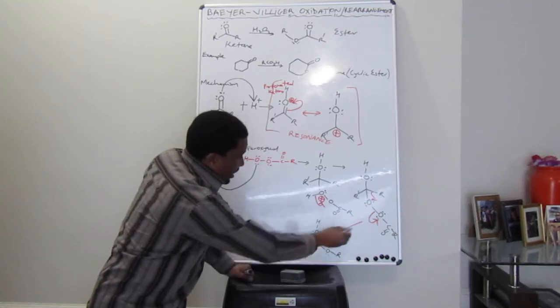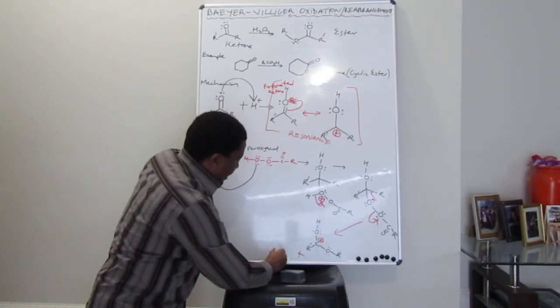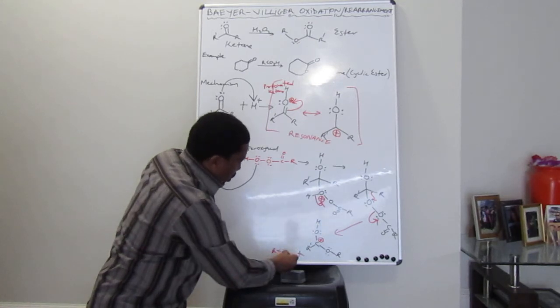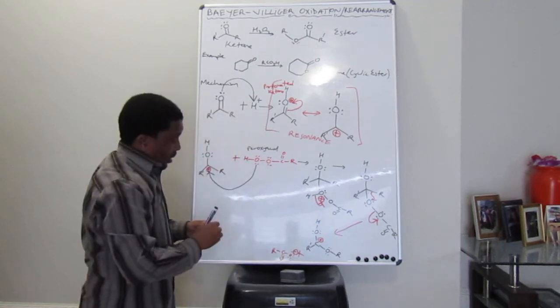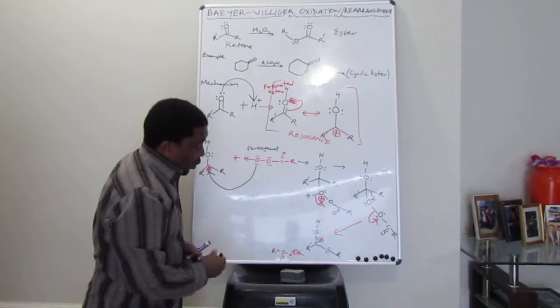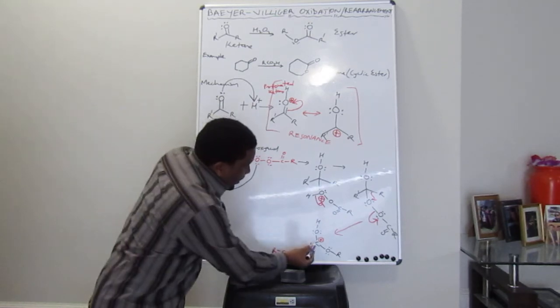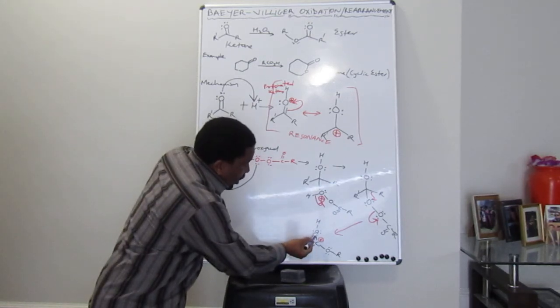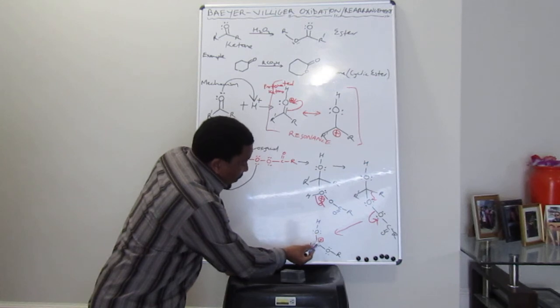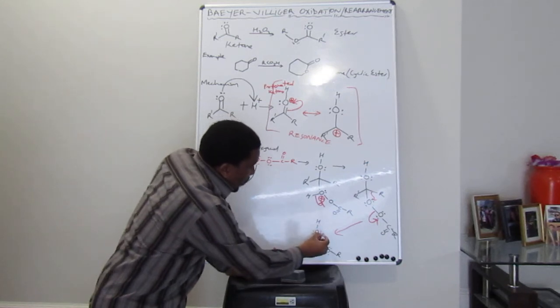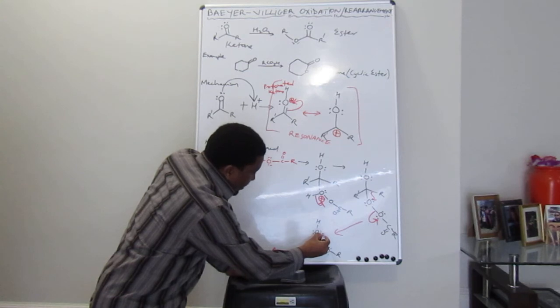My byproduct in that case will be my R, C double bond O, and then bonded to O minus, my RCOO minus. And then what happens is, in this case, oxygen single bond, then there's a charge. What do we think of? We think of resonance.